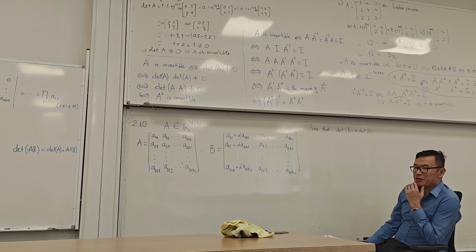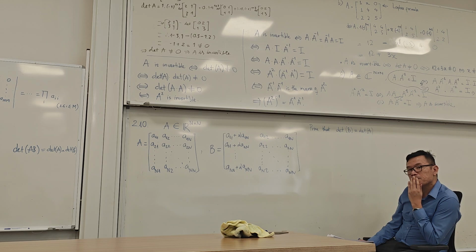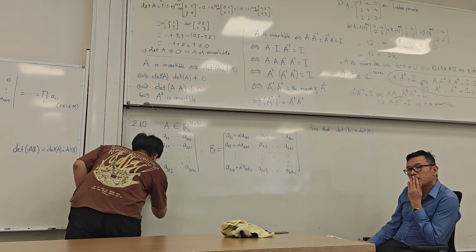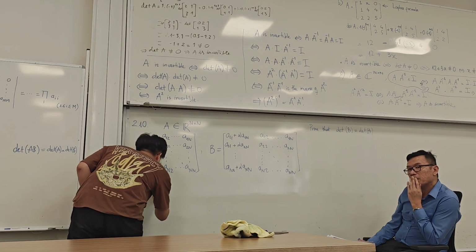Okay, I think maybe it's very technical. Can you come here and write out the solution? I'm not sure whether it's correct or not. So we have a knowledge check. We can use the formula of the determinant, and we just select the first element of each matrix, and we deploy the formula. Then we can find it.